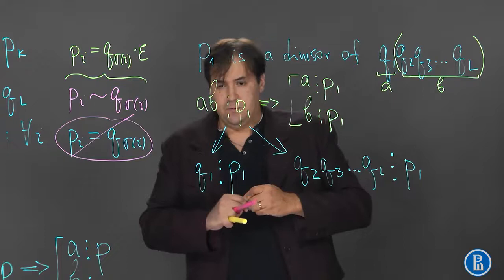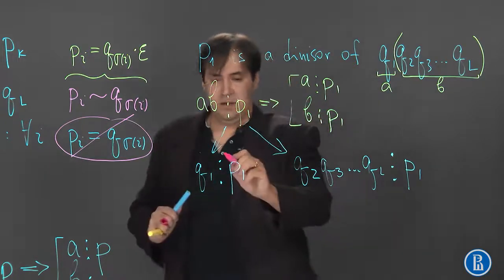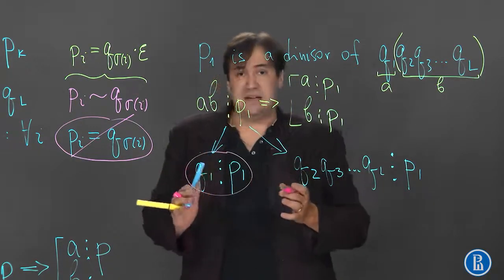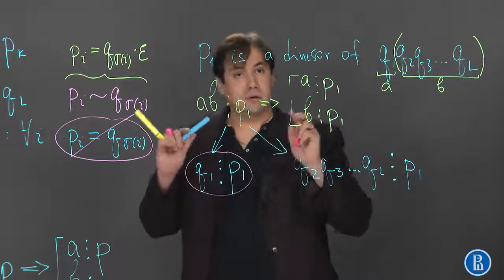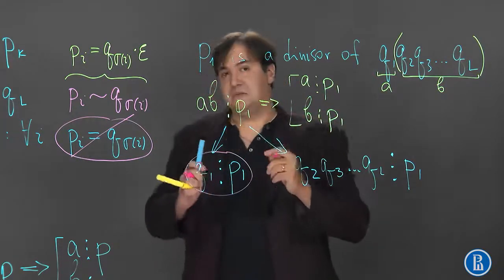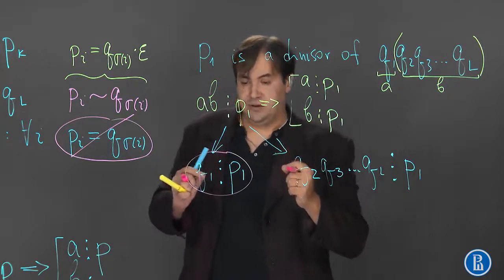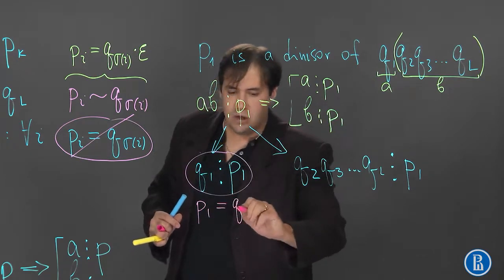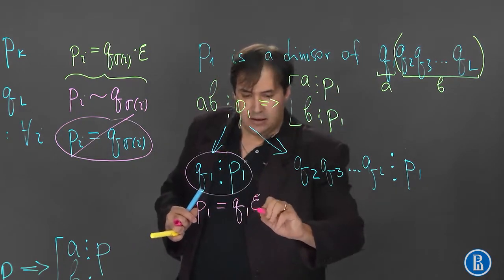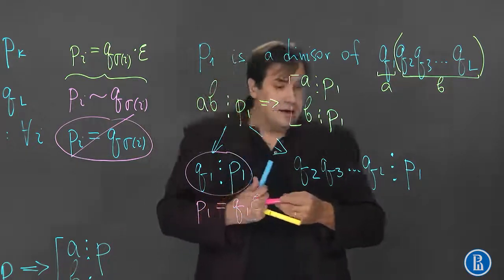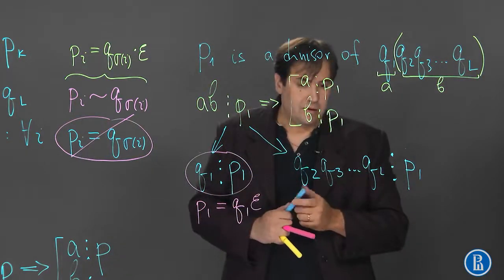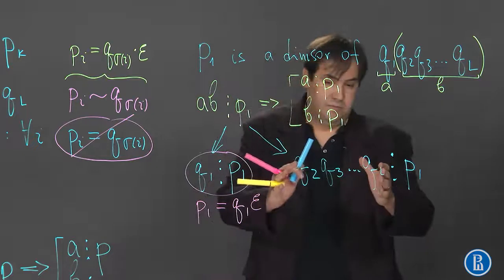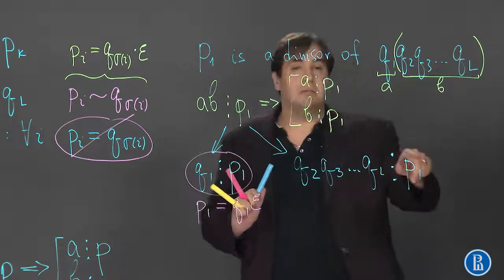In the first case, where Q1 is divisible by P1, we understand that these two prime elements are the same, but the same only in the sense of being associated. So we can write that P1 is equal to Q1 multiplied by some reversible element. And over here, we have some product of a rather large number of elements divisible by P1.